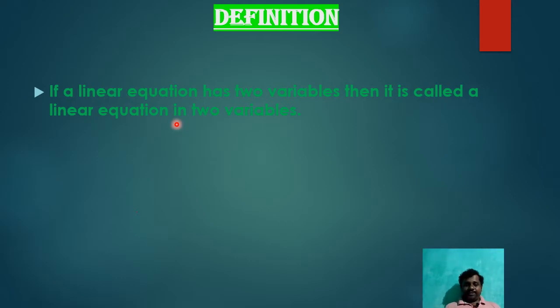If the degree of a polynomial is 1, then that is a linear polynomial. If it is an equation, this is known as linear equation. If that linear equation has two variables, then that is called linear equation in two variables. If it has one variable, this is known as linear equation in one variable.